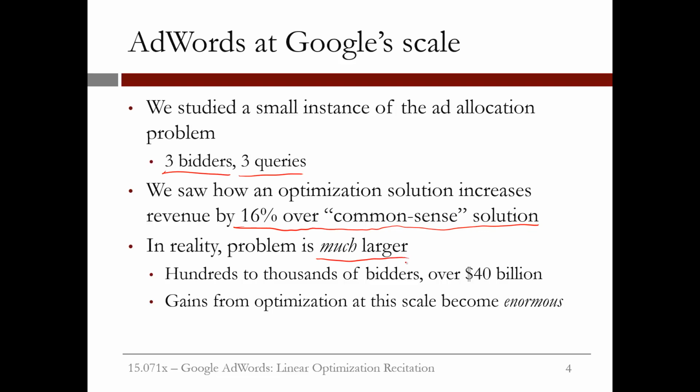For each query that Google receives on its search engine, there may be hundreds to thousands of advertisers bidding on it. In terms of dollar amounts, in 2012, Google's total revenue from advertising was over $40 billion. At this scale, the gains that are possible from optimization become enormous. And I hope this convinces you of the value of linear optimization in online advertising.